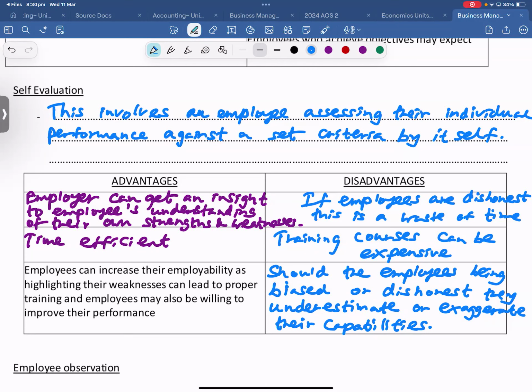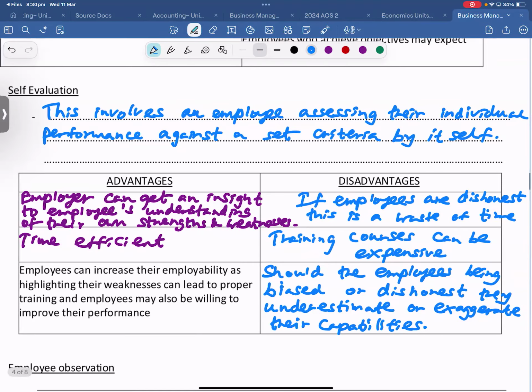Okay, right. What is self-evaluation? The employee evaluates themselves, very good. And basically, again, there is a set criteria.